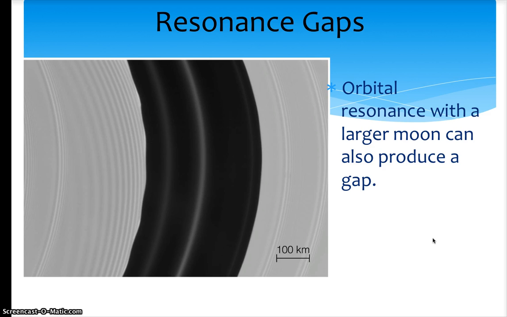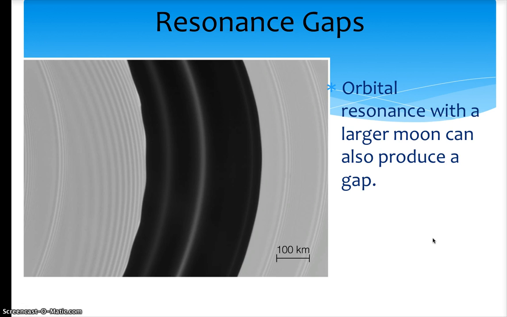When you have these gaps, all the particles that would be in that gap would have the same orbital period. But their orbital period is related in a very simple way to the orbital period of a moon that's further away. Say, every time they orbit twice, the moon orbits once, or something like that.